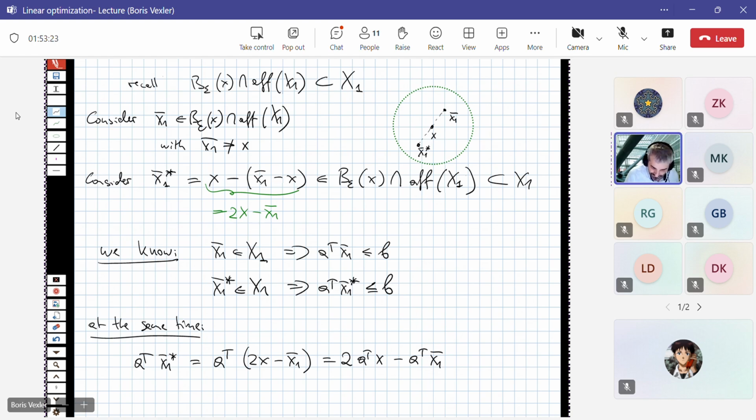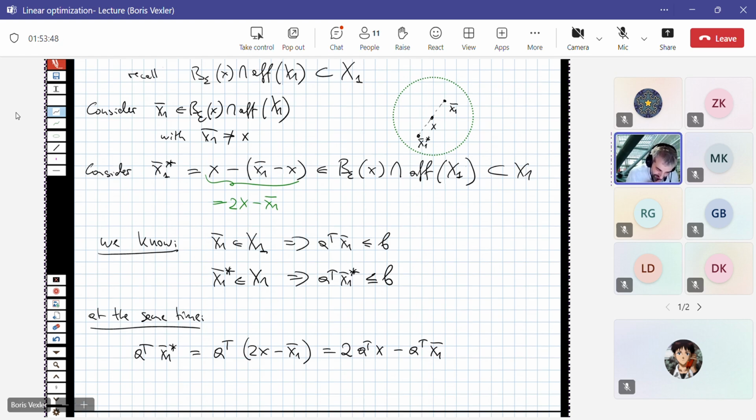Okay, but we know that A transpose x is equal to b, since we said already that x is in the plane.